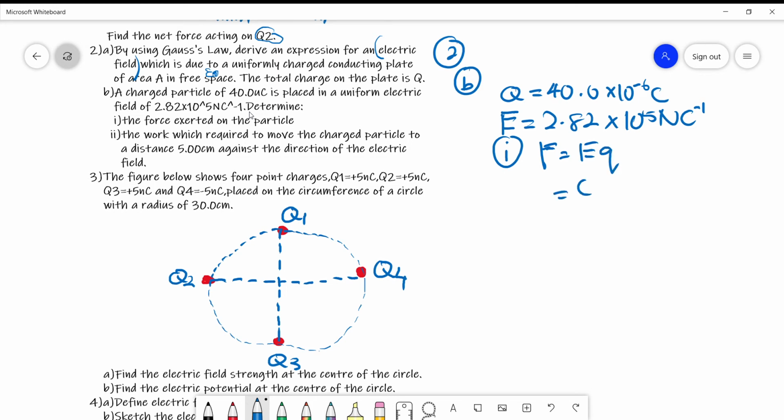My E is 2.82 times 10 to the power 5, and my Q is 40 times 10 to the power negative 6. So this is the answer: 2.82 times 10 to the power 5 multiplied by 40 times 10 to the power negative 6. The final answer I have here is 11.28 newtons.